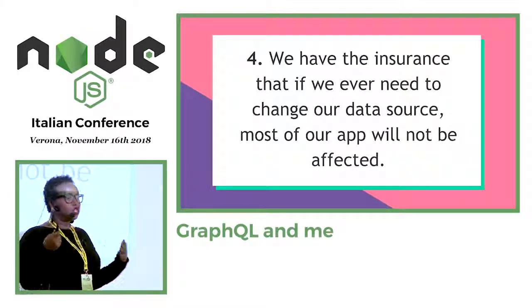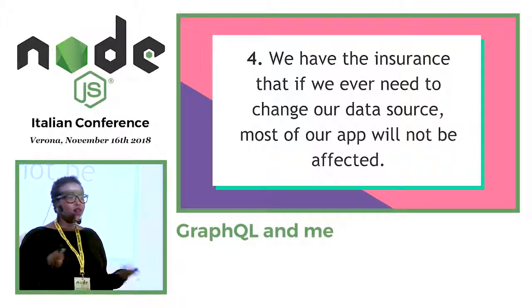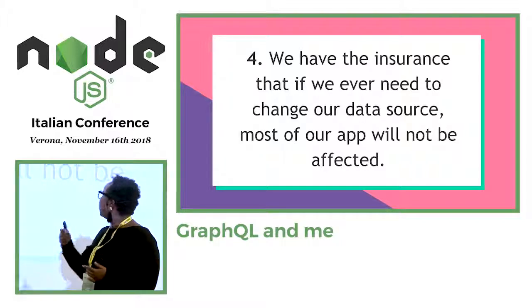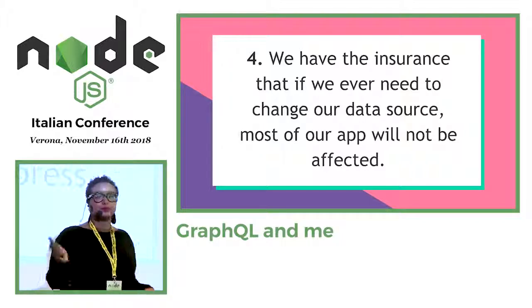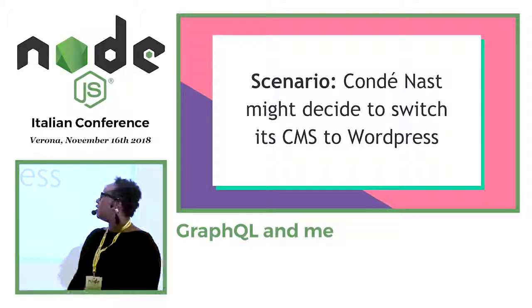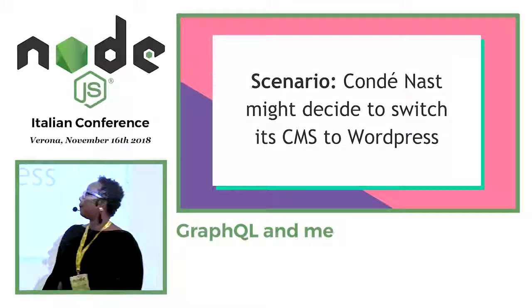One of the hugest benefits that we got from GraphQL is that now we have assurance that if our third-party API changes, our application is resilient. It's not going to be affected. So, scenario: if Condé Nast decides to switch CMSs to WordPress, for example.